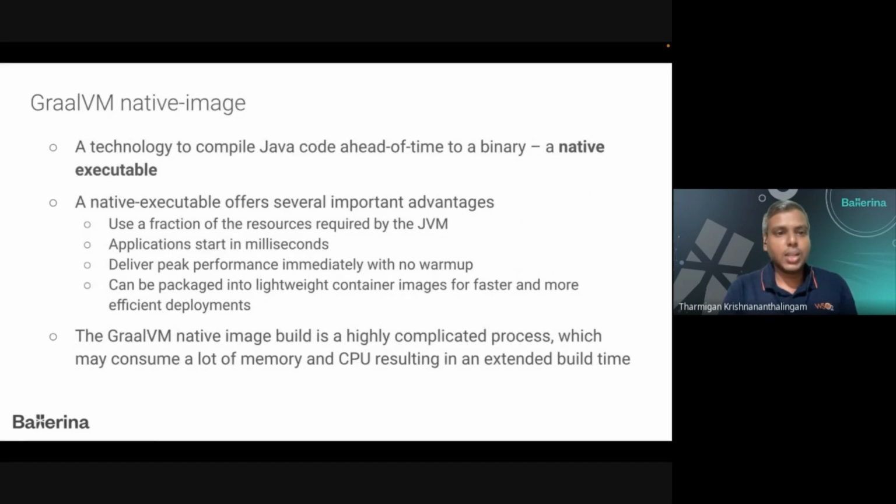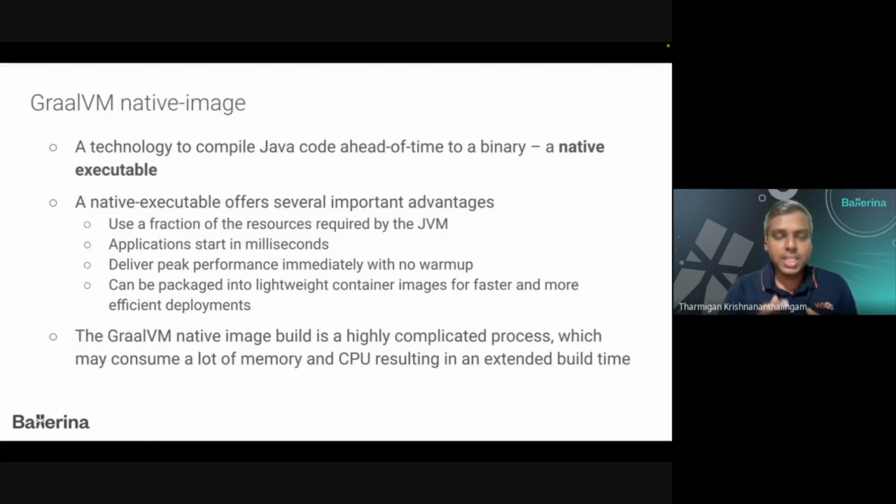So let's look at the GraalVM Native Image tool. This GraalVM distribution has a high-performance just-in-time compiler as well as an ahead-of-time compiler. This ahead-of-time compiler is known as the GraalVM Native Image tool. It is a technology to compile Java bytecode ahead of time to create a platform-dependent binary, which we call a native executable.